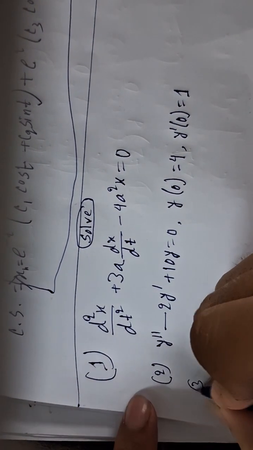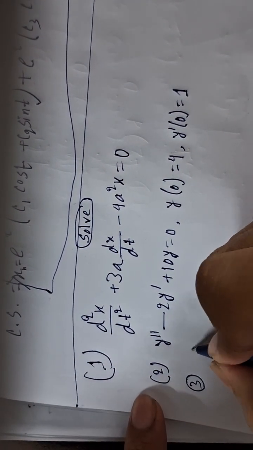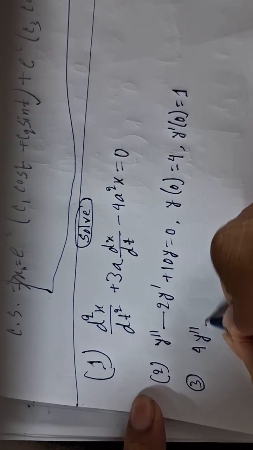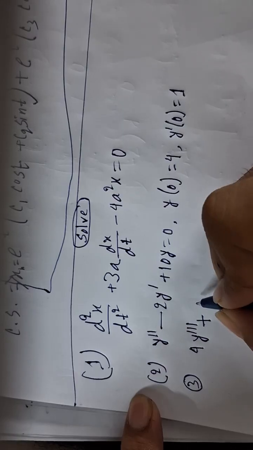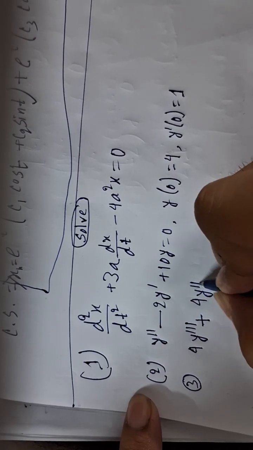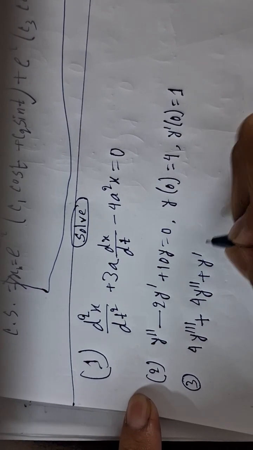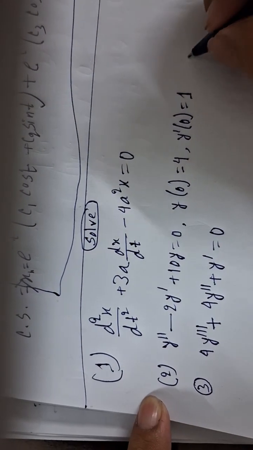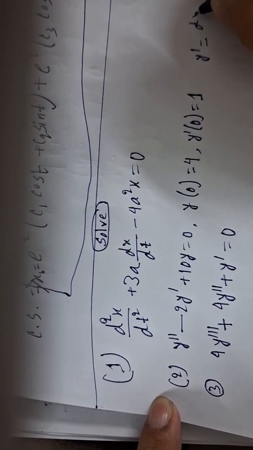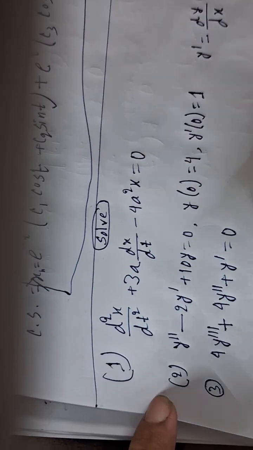Third question is 4y triple dashed plus 4y double dashed plus y dashed equals 0. You know the meaning of y dash, na? y dashed is dy by dx.